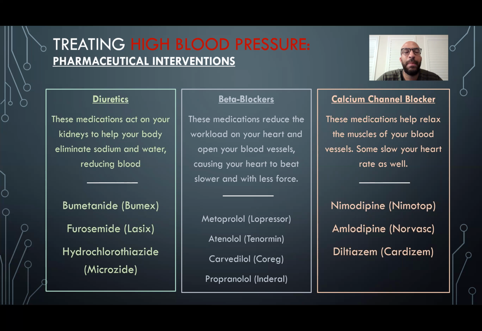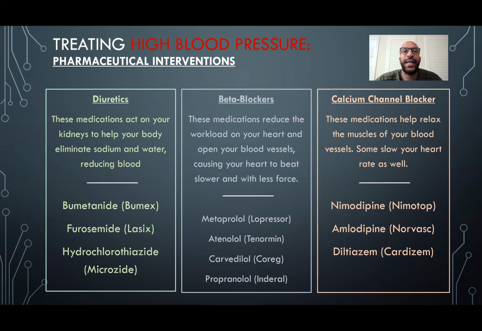That is how we treat many diseases, with wonderful medications that can help counteract the effects of a disease. So, hypertension is a disease, and we counteract or correct our blood pressure using diuretics, beta blockers, or calcium channel blockers.